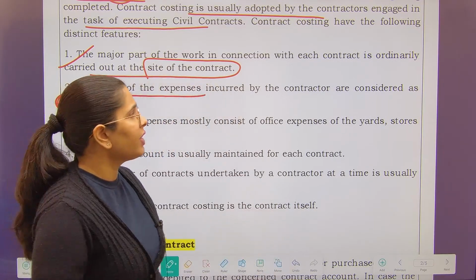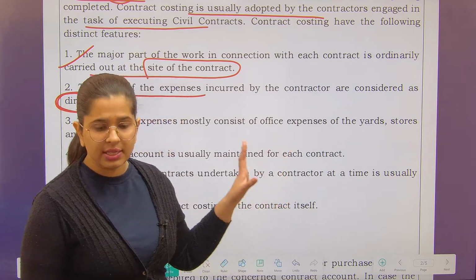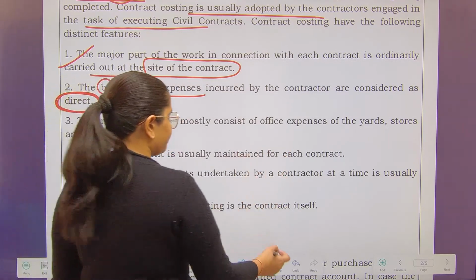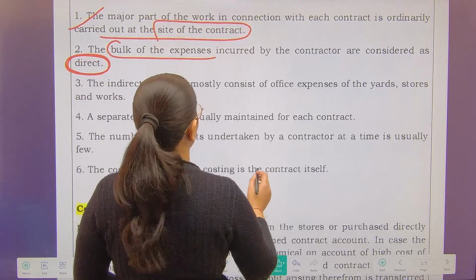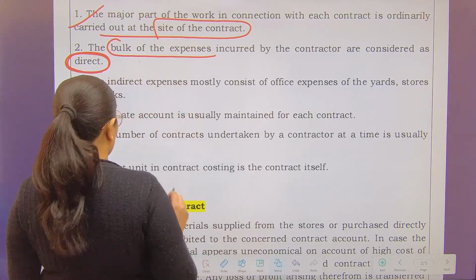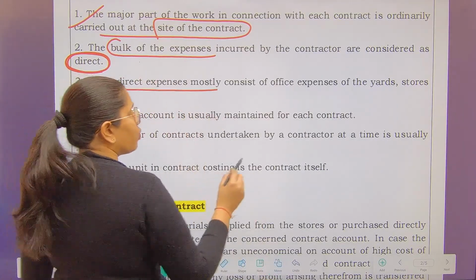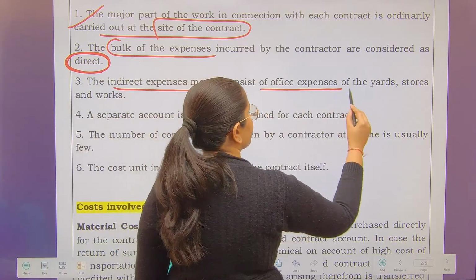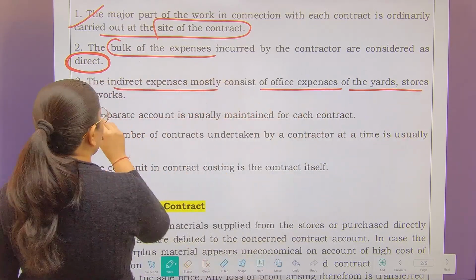Correct? So the bulk of expenses in contract costing is direct. The indirect expenses mostly consist of office expenses of the yards, stores and works.